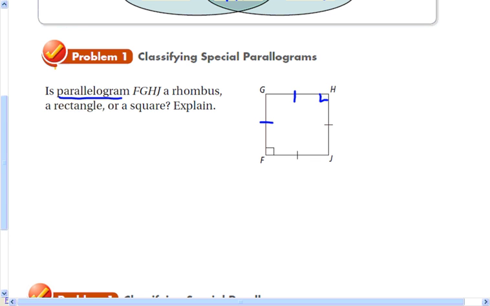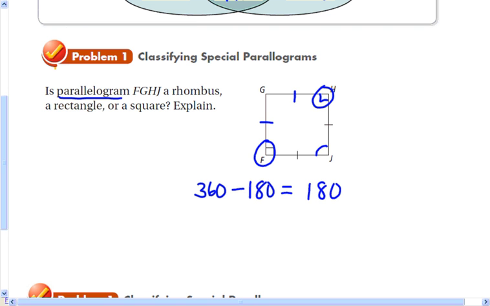Now, one more thing, we know that if it's a quadrilateral, which it is, the number of degrees in all angles is 360. And if we add those two together, we get 180. If we subtract that from 360, we get 180.